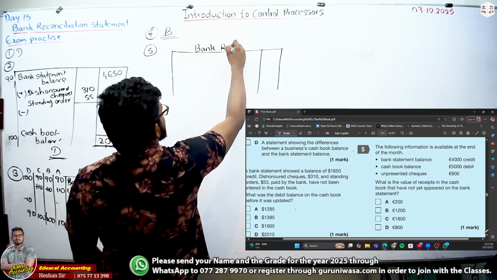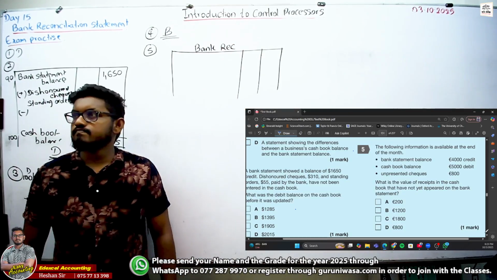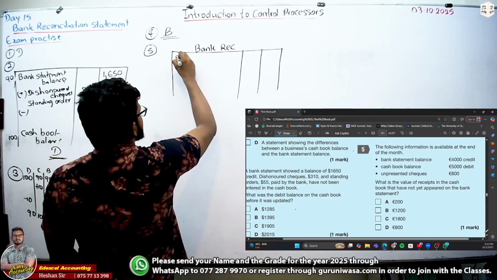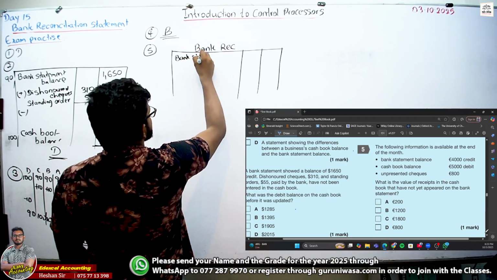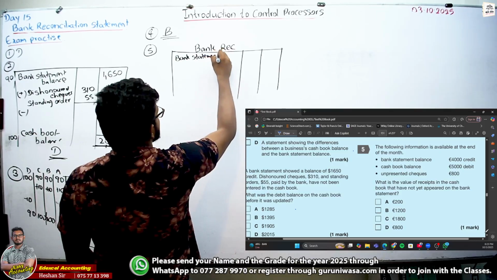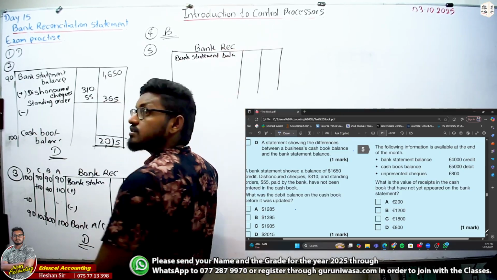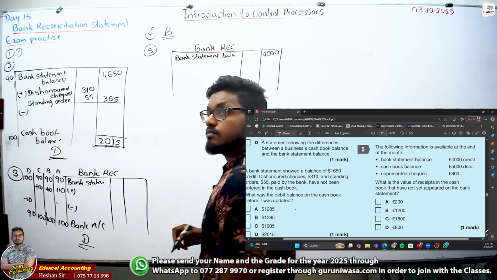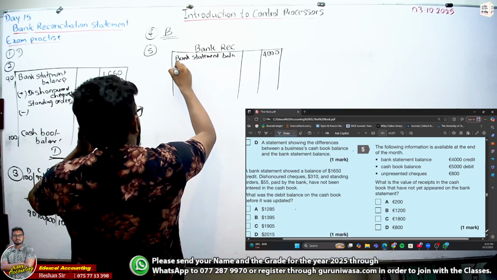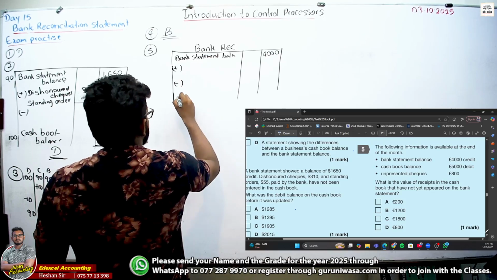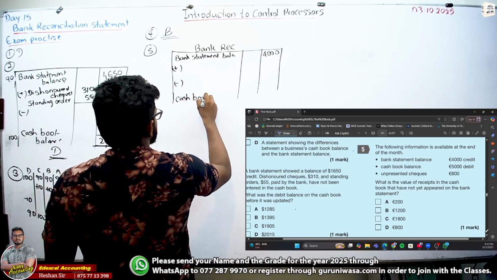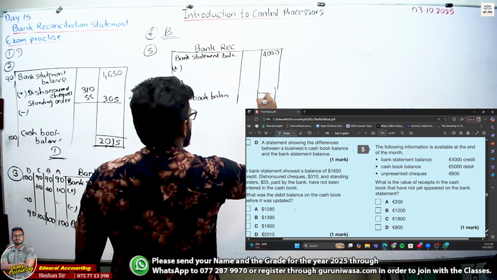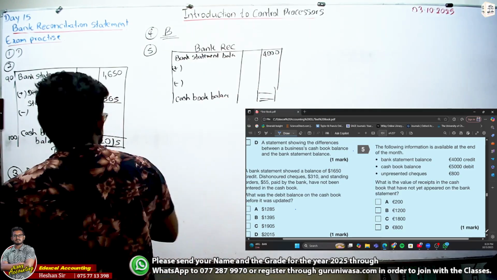The bank statement balance they have given is a credit balance, which is favorable. How much? 4,000, right? Plus minus. Then the cash book balance given to you is 5,000.